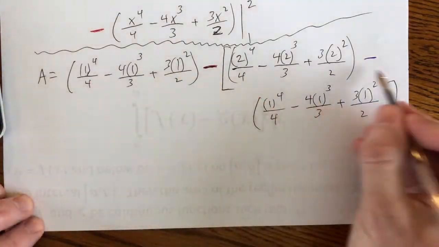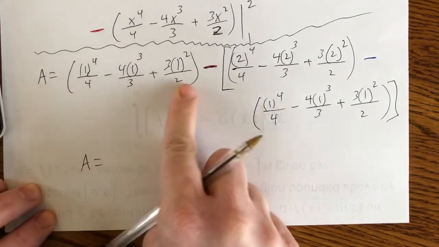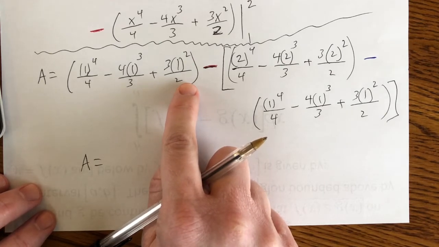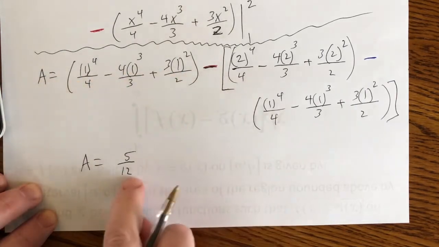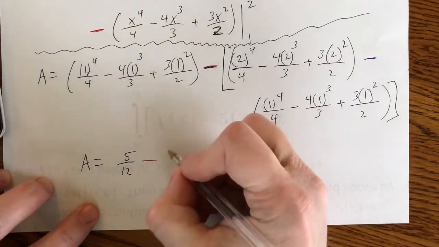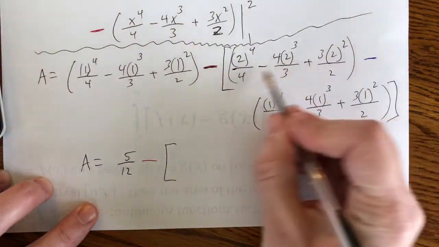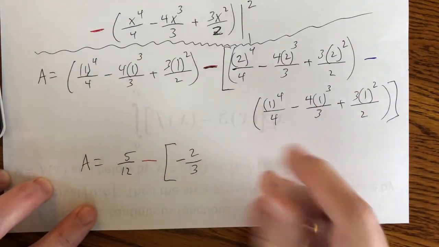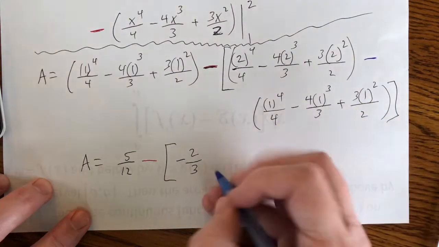All right, let's simplify all this now. This expression, if you run it through your calculator, should give you 5/12. Minus what's happening in the brackets right there. This expression, if you run it through your calculator correctly, gives you a negative 2/3. And then bring down this minus right there.